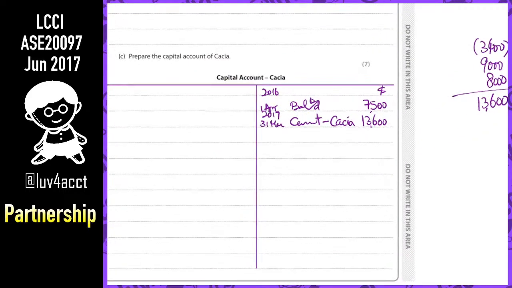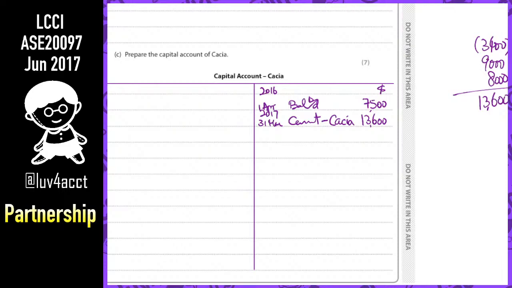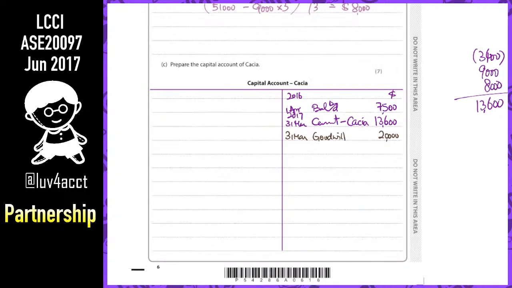After that you have, of course, the goodwill, calculated for you at 20,000. Okay, so these three things will be settled.